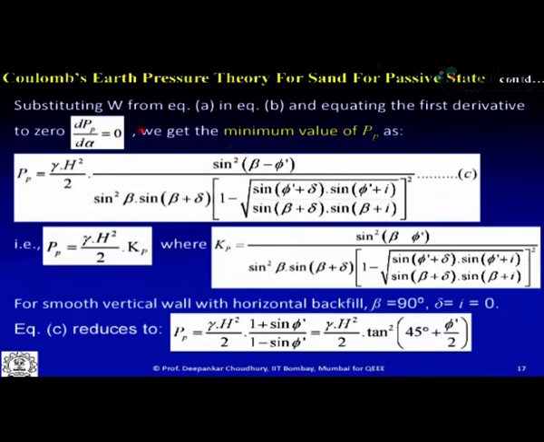Mathematically, we have to differentiate PP as a function of alpha and get the minimum value, and the final expression for PP can be given like this. If we put it in the same formula used for the Rankine state, PP equals half Kp gamma h square, then Kp, the coefficient of passive earth pressure for Coulomb's analysis, will be given by this expression, as we can see easily.